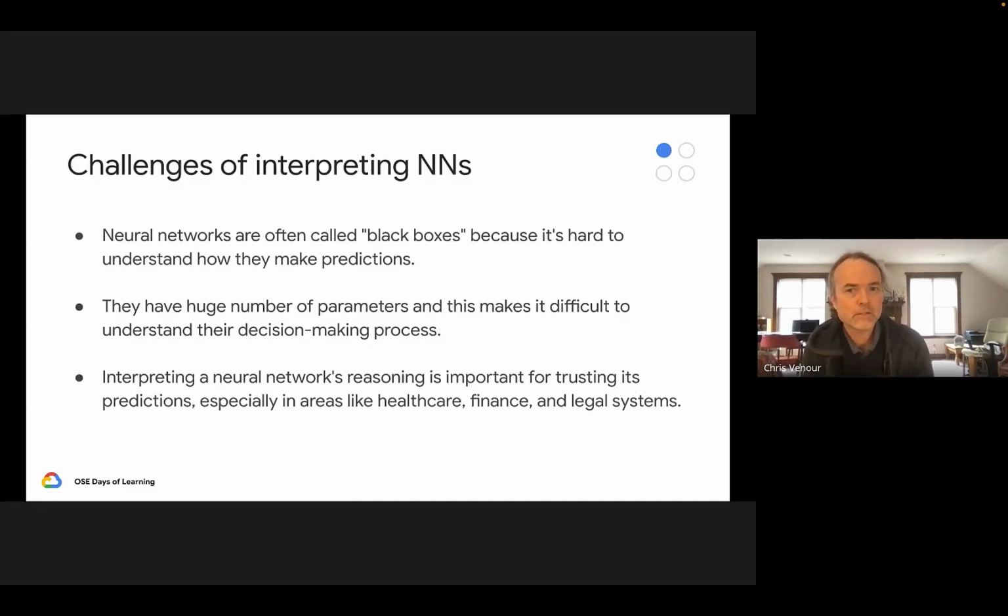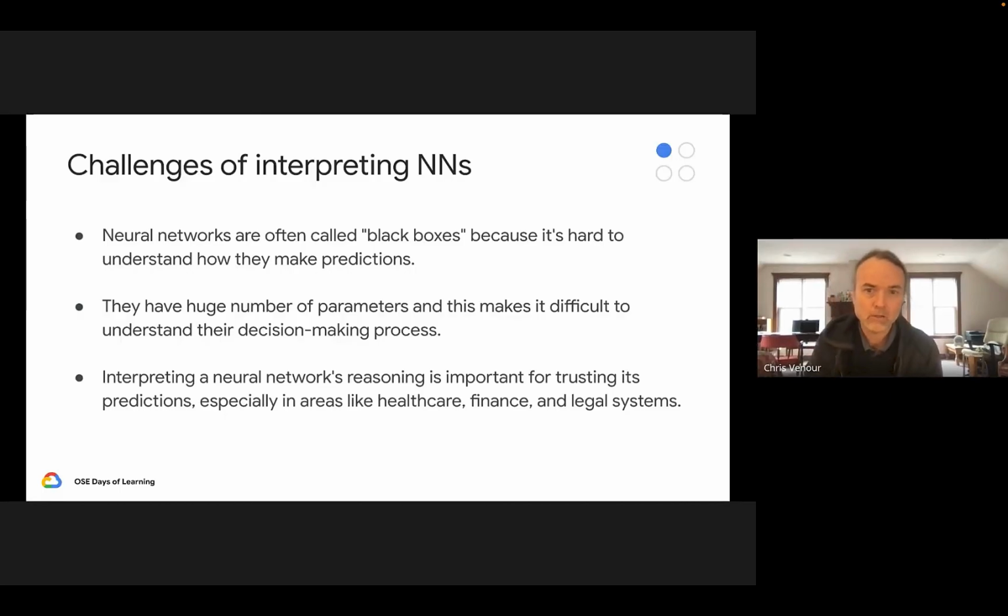And this makes it difficult to understand the steps of their reasoning. But people want to be able to interpret the reasoning behind a neural network's output. That's important for building trust in the model's predictions, especially in domains like healthcare and finance and the legal system.